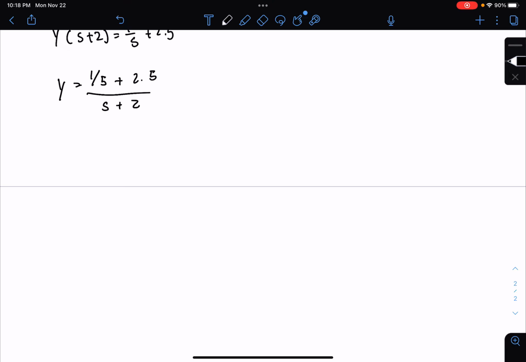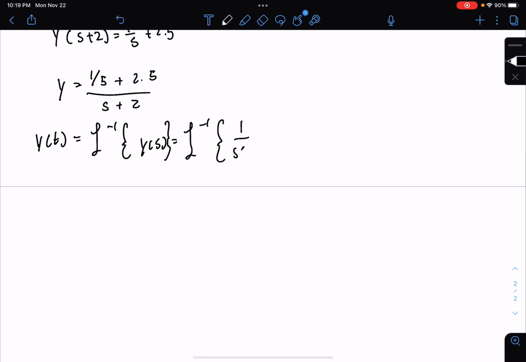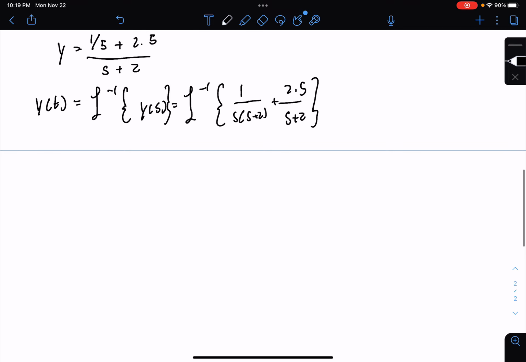Okay, so now that we have this transform, we will be finding the inverse Laplace transform, denoted by the function y of t, and the inverse Laplace is denoted by a -1. And then we set this equal to.